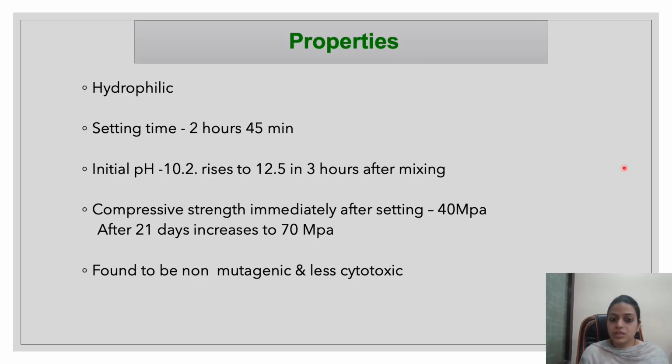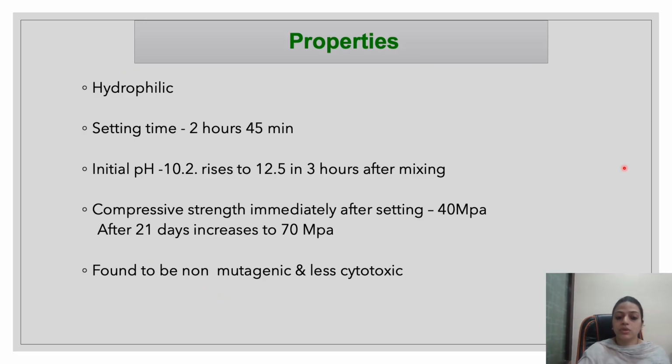That is one of the disadvantages. The initial setting takes around 2 hours 45 minutes. The initial pH is 10.2, which rises to 12 to 12.5 in 3 hours after mixing, and compressive strength immediately after setting is around 40 megapascal. After 21 days it increases to 70 megapascal.